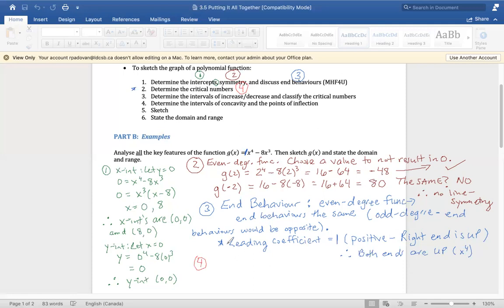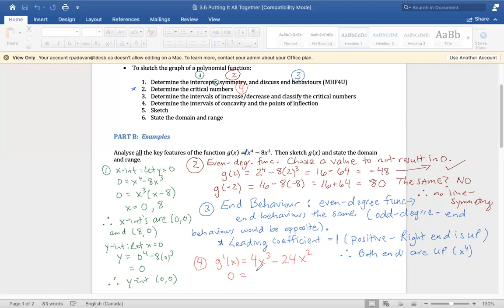The derivative of the original function would be 4x cubed minus 24x squared. To get the critical numbers, the x values, I want to factor, which just means set my first derivative equal to 0.